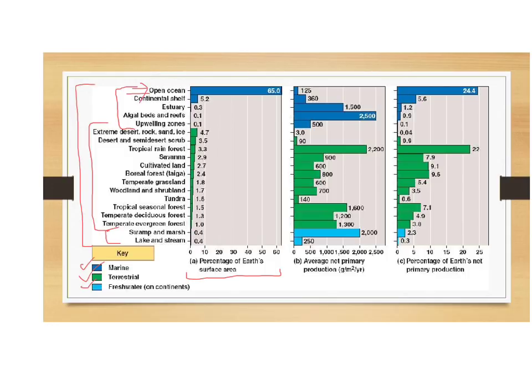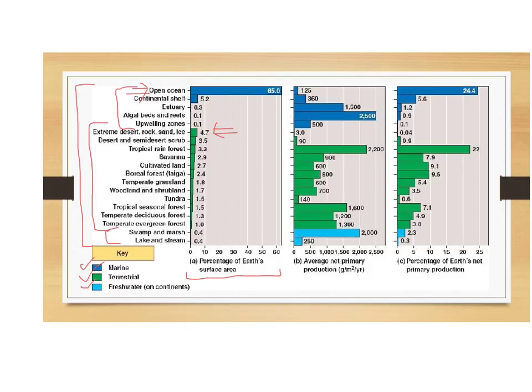If you look at your terrestrial biomes, which one covers the most? It's right here: extreme desert, rock, sand, and ice, at 4.7%. But in comparison to open ocean, that's a tiny percentage. So what is Earth mostly? It's mostly ocean water.